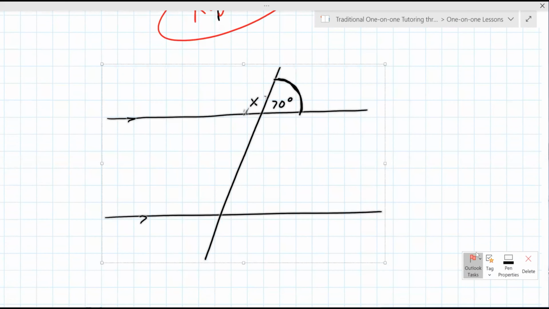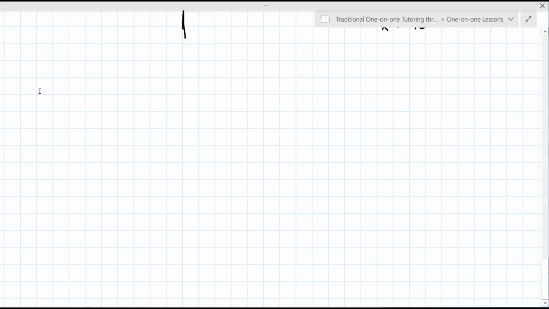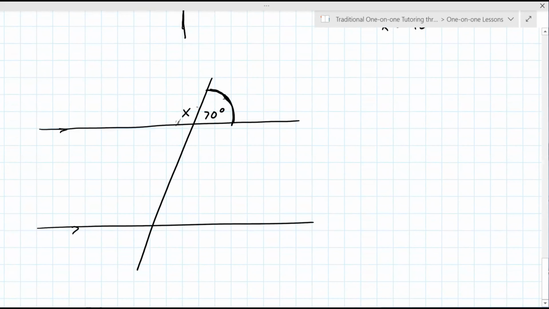I'm going to bring it down because we don't have enough room to work there. Okay, so what I was trying to show you in this picture is that there's a 70-degree angle here, and then there's an X degree angle. What do these two angles have to add up to? To 180 degrees.